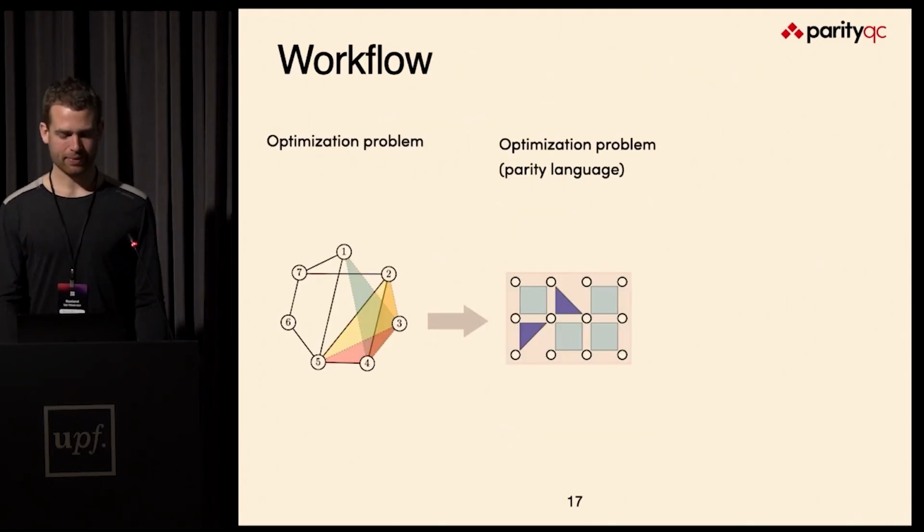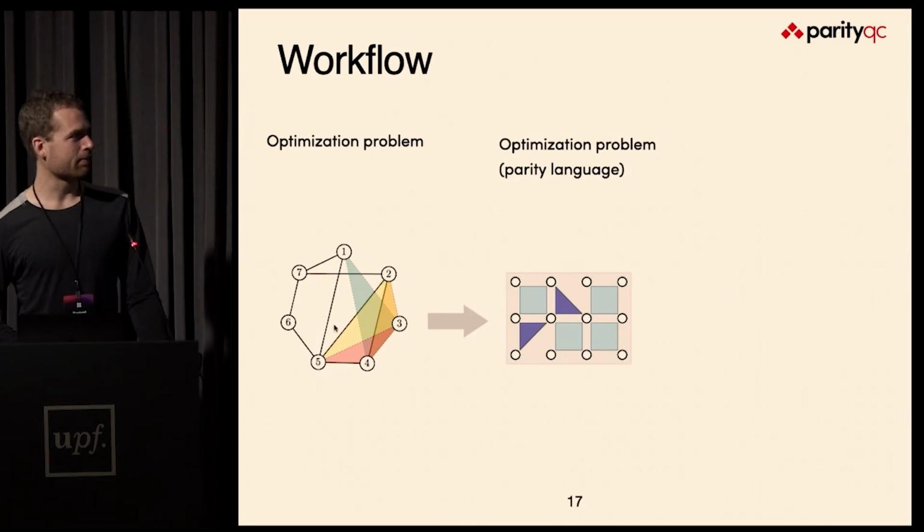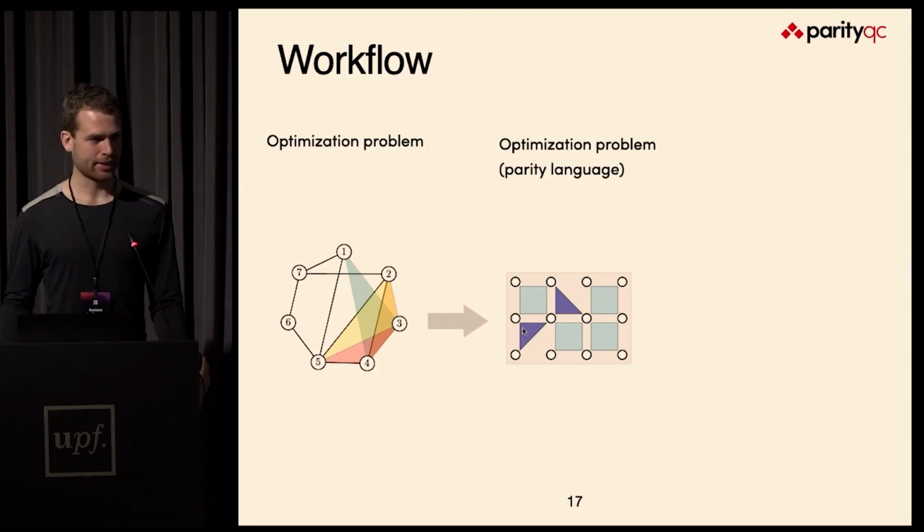So just to recap this part of the presentation, you start with the optimization problem, which can be this hypergraph, so a higher order optimization problem. You can then compile it to the Parity language, and we've seen that all of these squares and triangles are these 3-body and 4-body conditions.